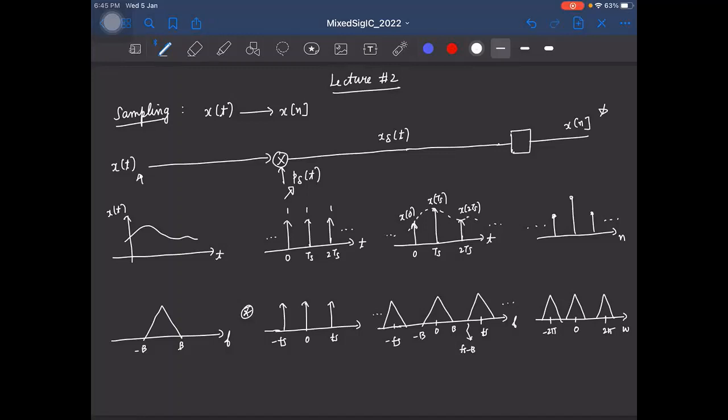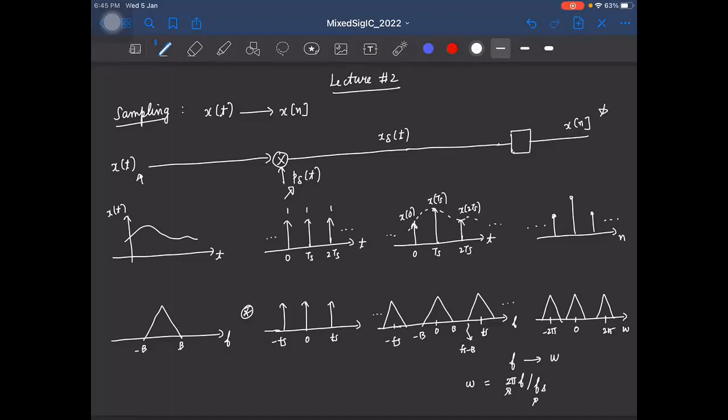And in general, we saw how a continuous time frequency f gets mapped to a discrete time frequency omega. And this was given by this relation. Omega is 2 pi times f by fs, right? Because fs we saw gets mapped to 2 pi. So which means the frequency f should get mapped to 2 pi times f by fs.